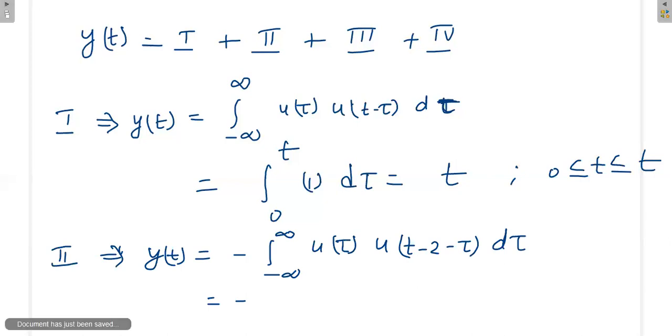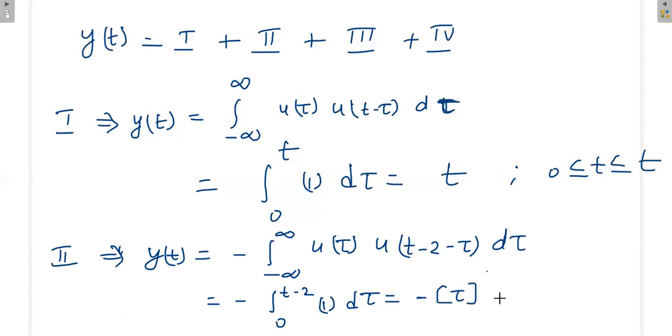So the integral is valid from 0 to t minus 2, with 1 d tau. Already minus is there. Upper limit is t minus 2, lower limit is 0. So I am getting minus t minus 2.